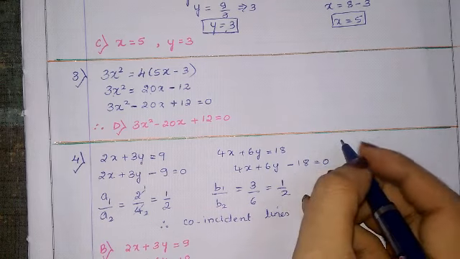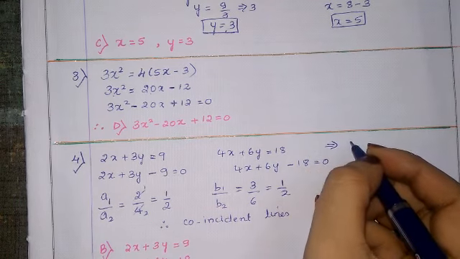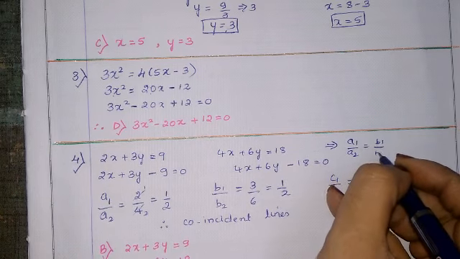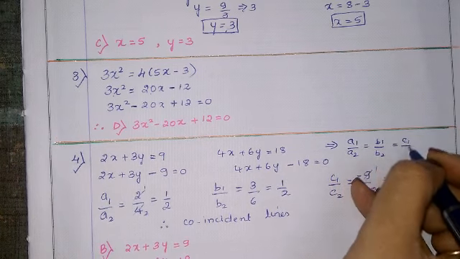We know the condition for coincident lines is a1 upon a2 is equal to b1 upon b2 is equal to c1 upon c2.